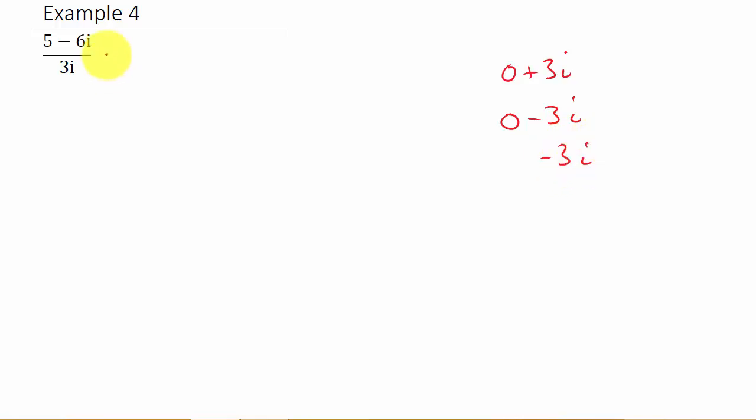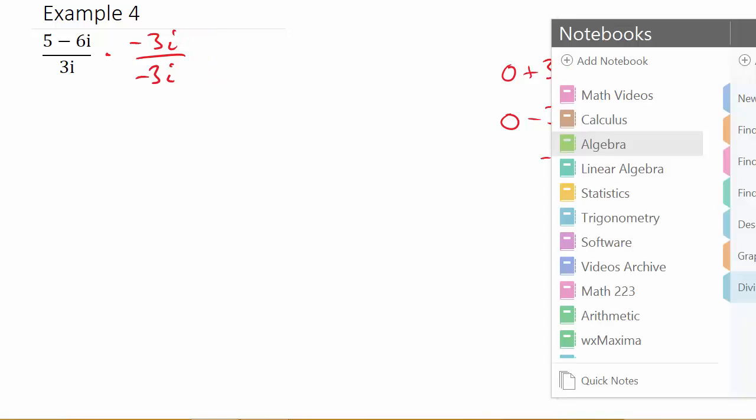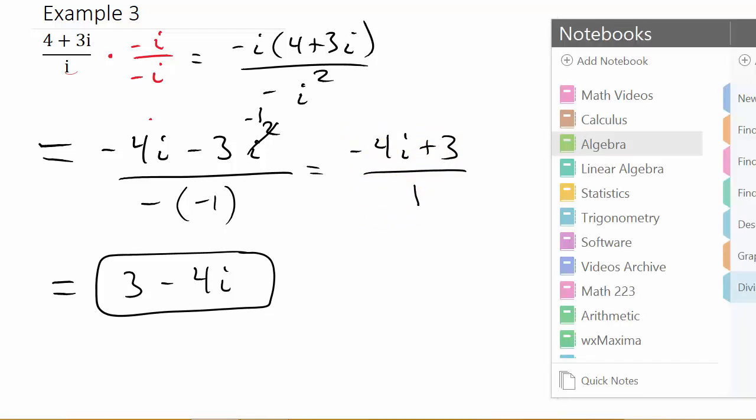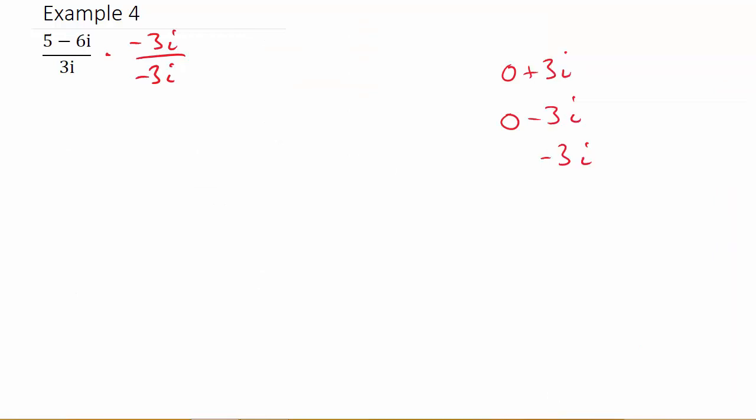Okay, all right, so let's multiply by negative 3i over negative 3i. And like I said before, you can multiply by positive 3i over positive 3i. You'll get the same thing. It's just like in this previous problem, instead of 1, you're going to end up with -1, and then you're going to have to distribute the negative to each one. So that's the difference.